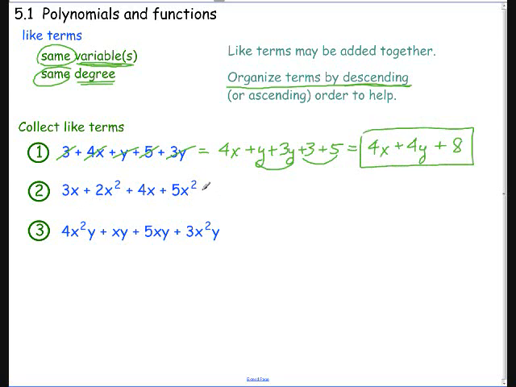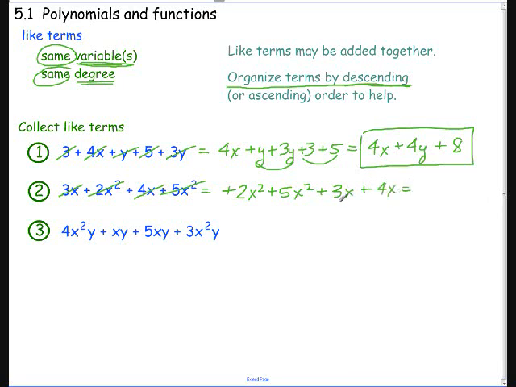And this one, let's reorganize it with the x squares up front. So I'm going to put plus 2x squared plus 5x squared. Notice what I'm matching. I'm matching the variables with the powers, and then I've got still x but different powers, plus 3x plus 4x.